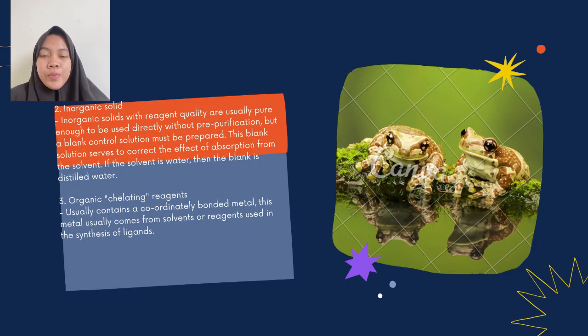2. Inorganic solid. Inorganic solids with reagent quality are usually pure enough to be used directly without purification, but a blank control solution must be prepared.